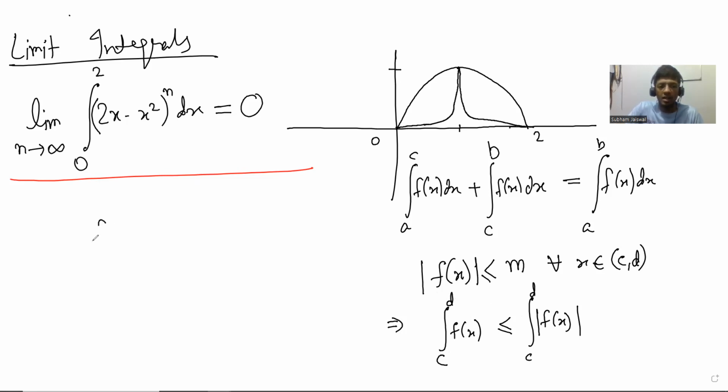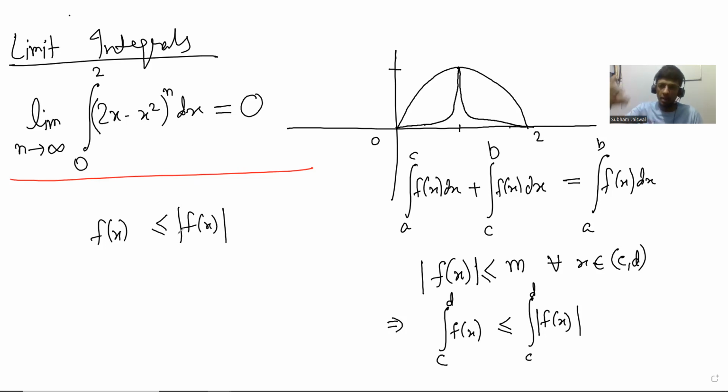And why is that? Because f(x) is always less than or equal to mod f(x). Mod f(x) is the same function, but if f(x) is, say, -1, then mod f(x) will be 1. It takes the mod value of that.